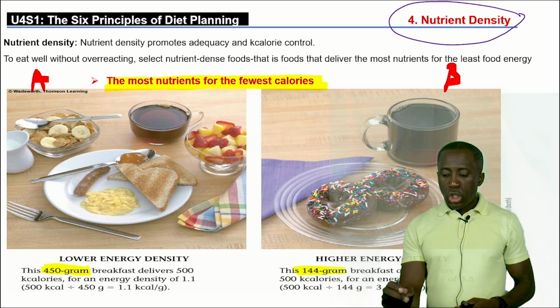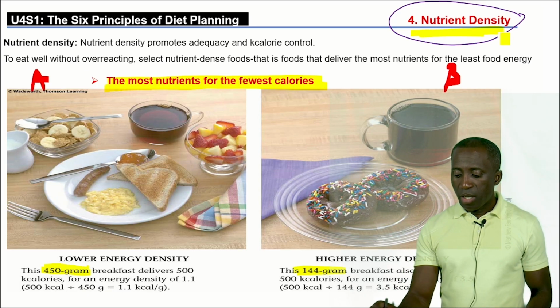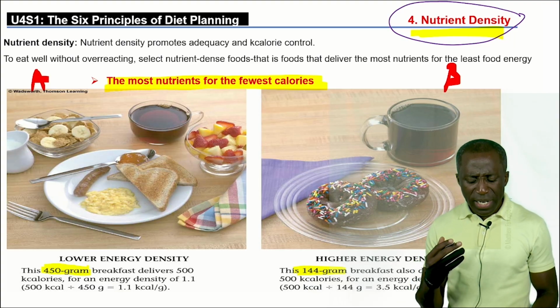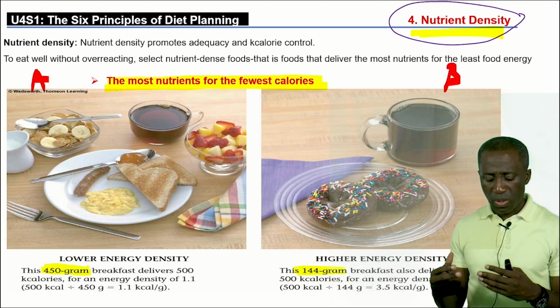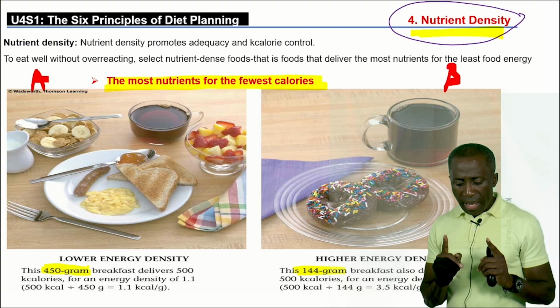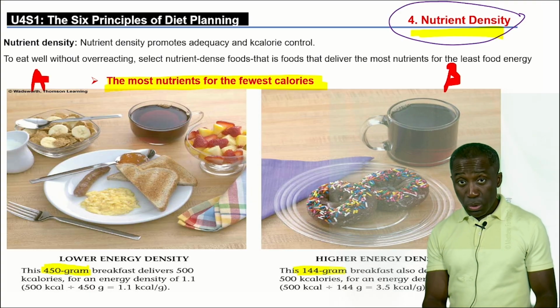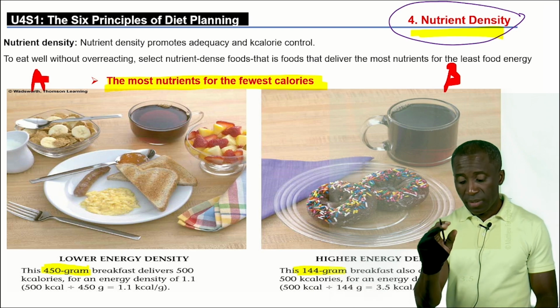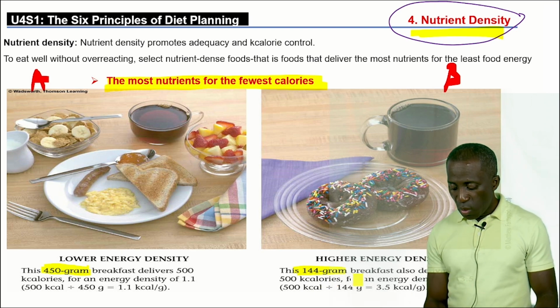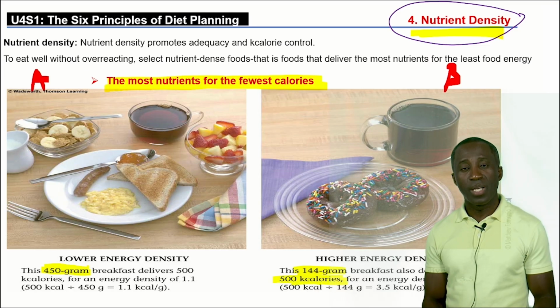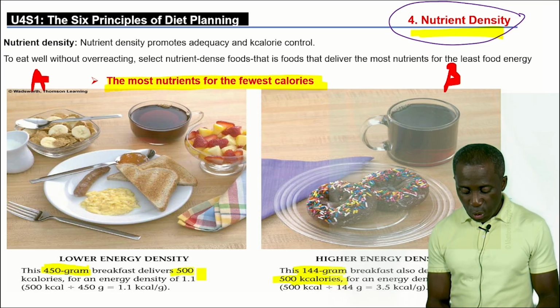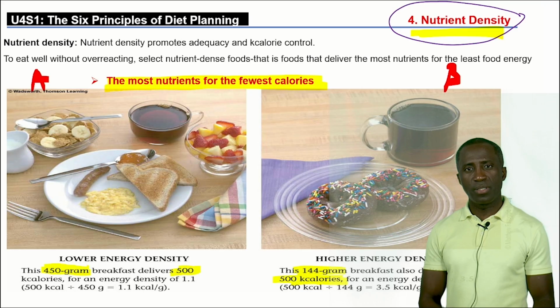This is where the notion of nutrient density comes into play. Nutrient density promotes adequacy and kilocalorie control. So what is happening here is that if you look at the 2 foods in terms of energy, this 144 gram breakfast gives you 500 calories. And the breakfast on the left also gives you 500 calories.